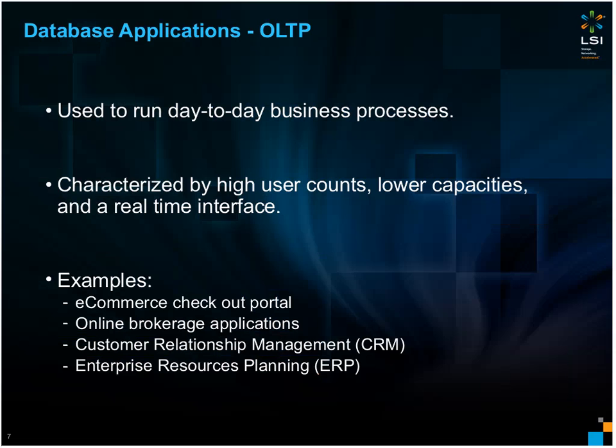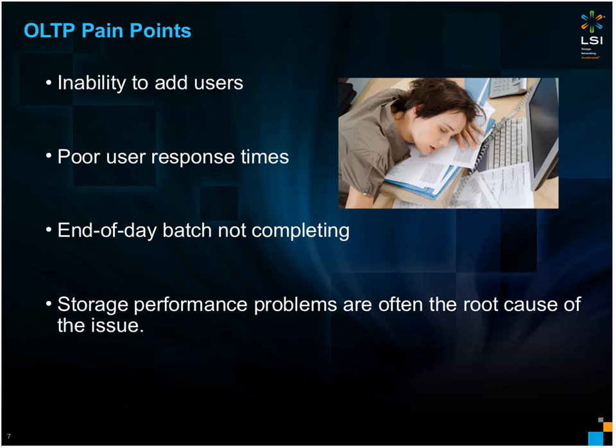It has to be very quick. There's typically hundreds or thousands or millions of people transacting business using OLTP types of applications. The pain points in an online transaction processing system include the inability to scale, the inability to add users because your hardware is constrained.